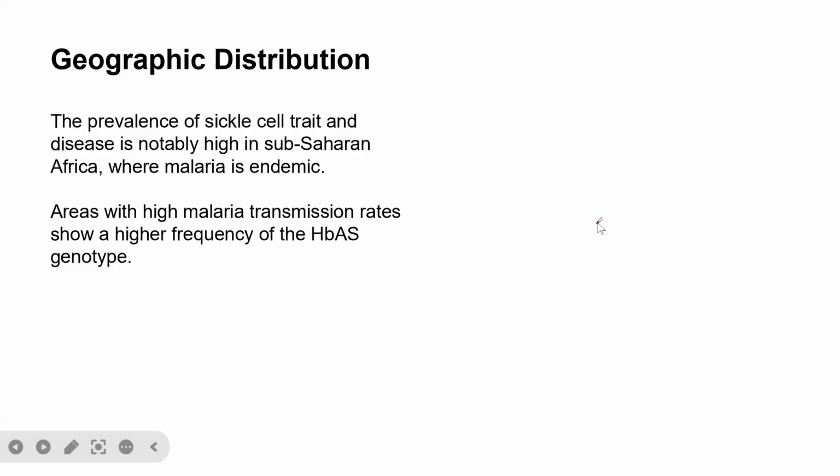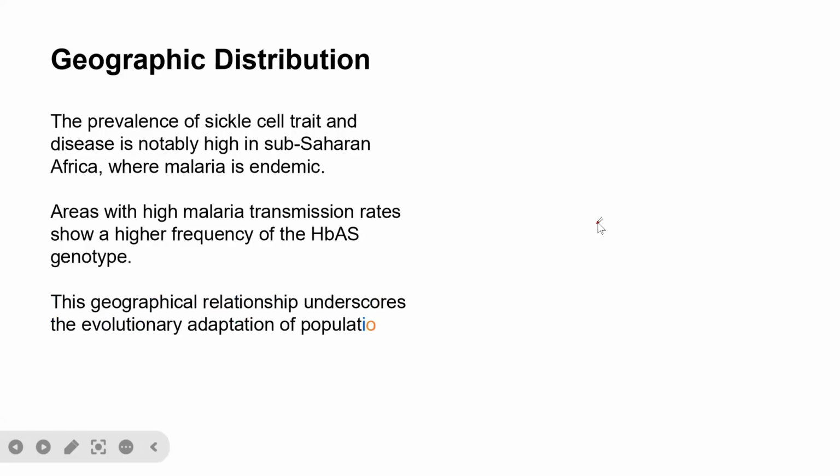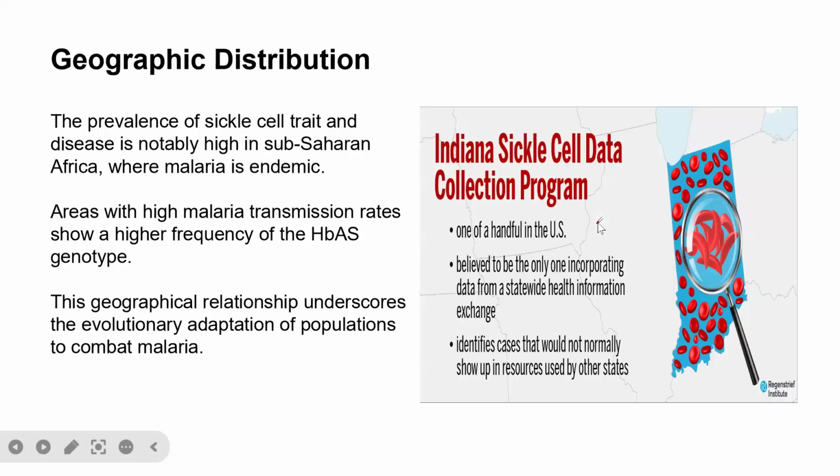We understand that individuals with hemoglobin AS will be more numerous in Nigeria than in any other part of the world, because Nigeria has the highest malaria cases. Therefore, it is a direct relationship: the higher the malaria transmission in a particular area, the higher the hemoglobin AS genotype. This geographical relationship underscores the evolutionary adaptation of populations to combat disease.